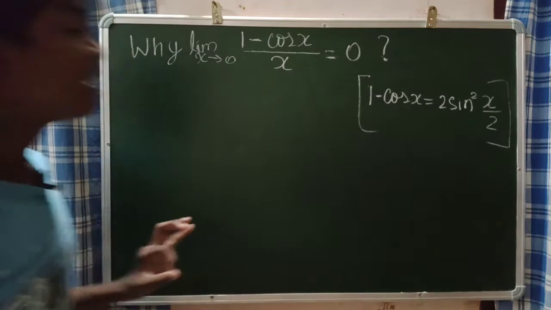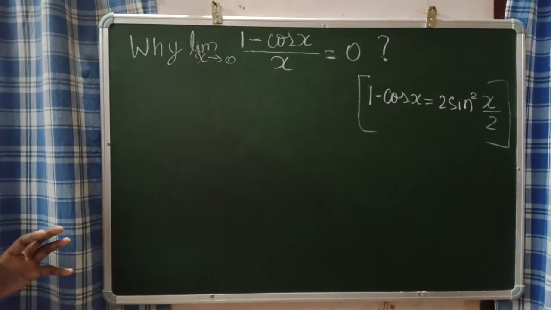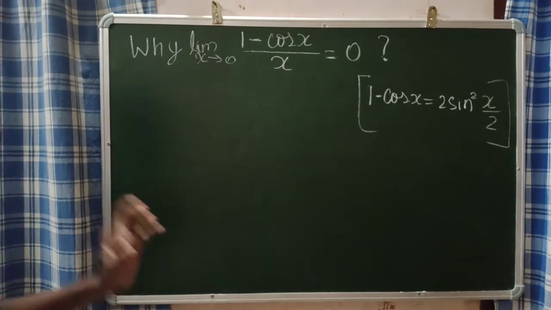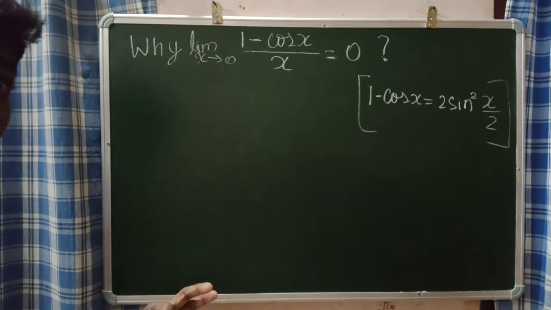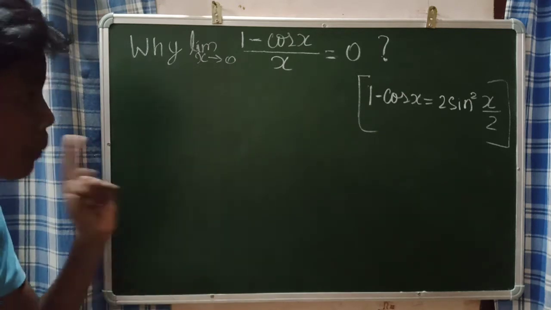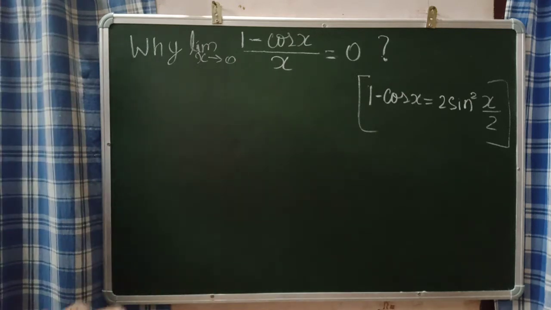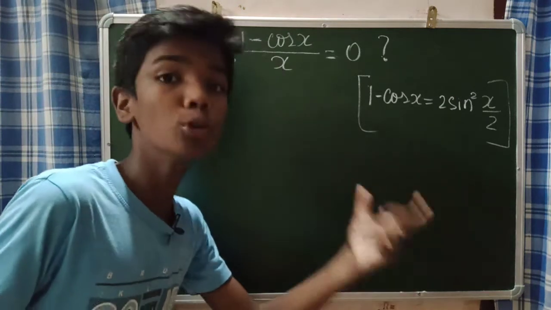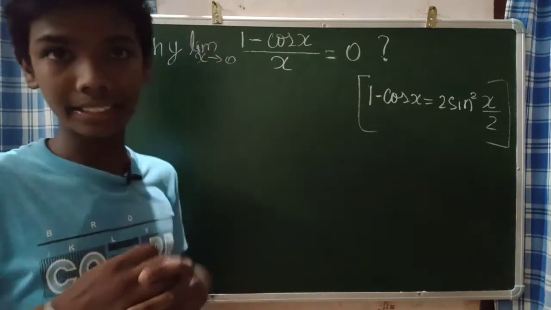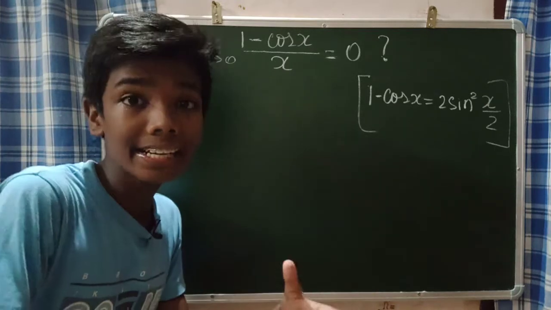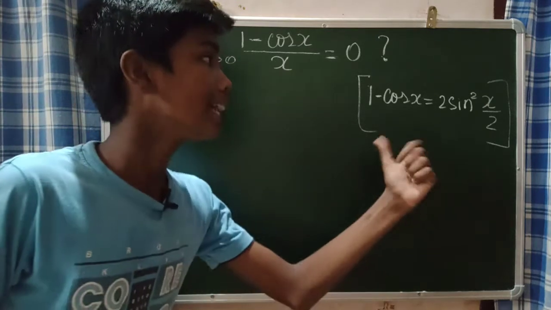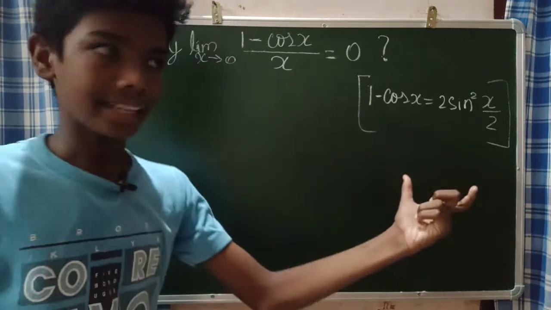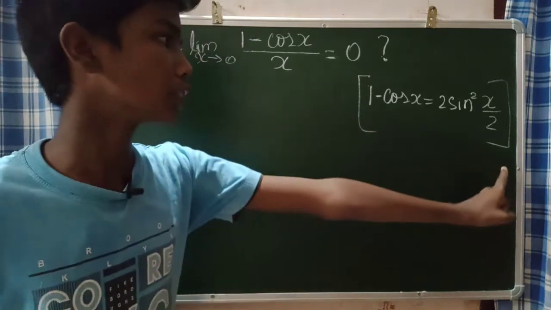This is an important identity because in most JEE Mains questions we use it. So 1 minus cos x is equal to 2 sine square x by 2.